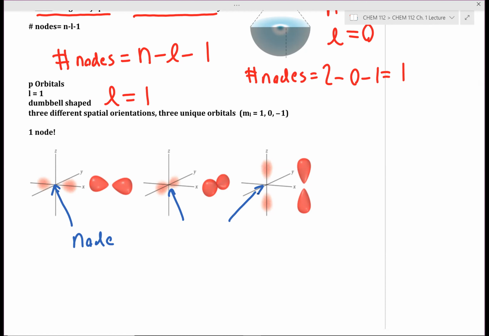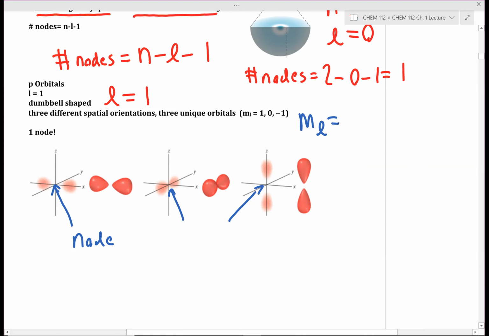The next major feature, what are they shaped like? Hourglass, dumbbell, balloon, however you want to think about it. The main feature of a p orbital is that they're also symmetrical. What else do we notice that's unique about a p orbital? In this case, since we have L is equal to 1, how many unique ML values can we have?